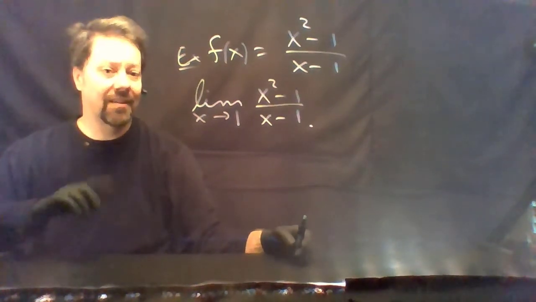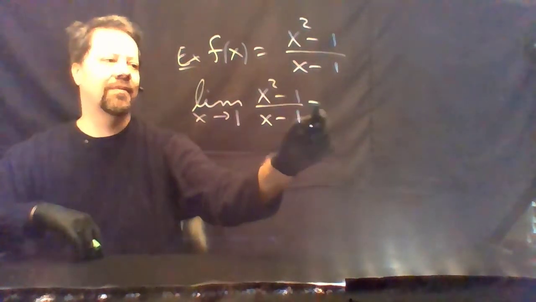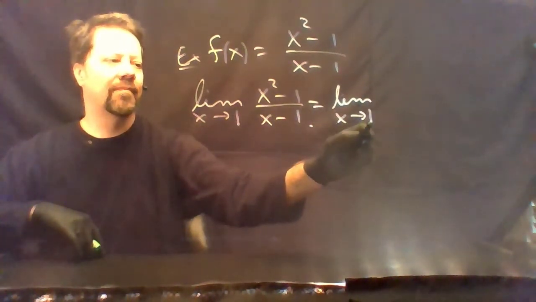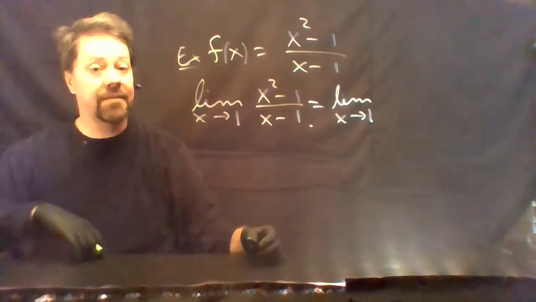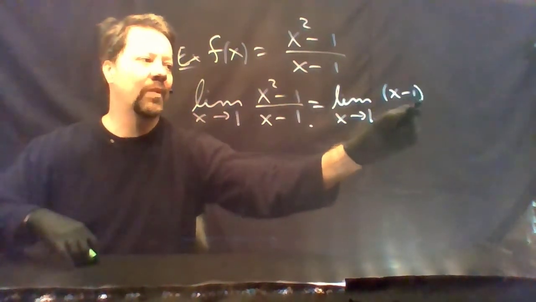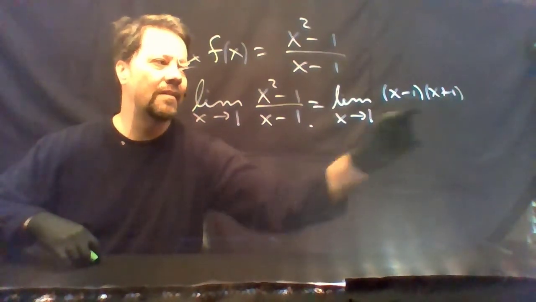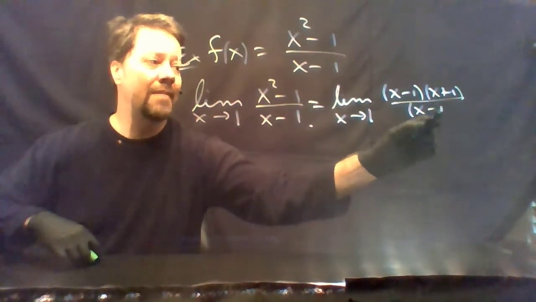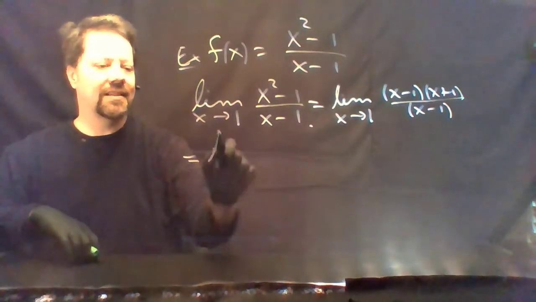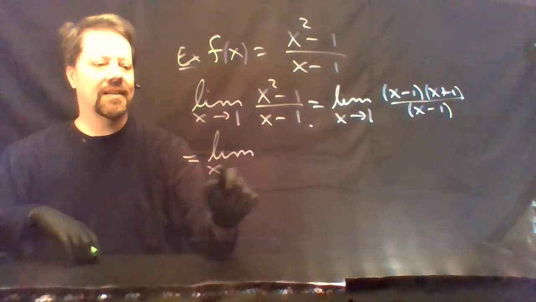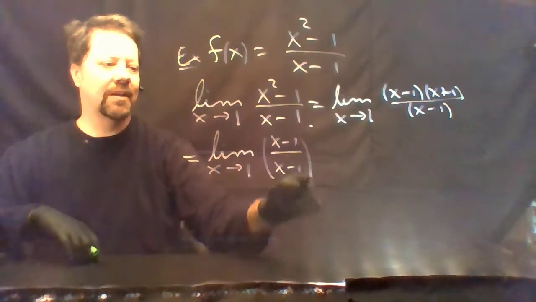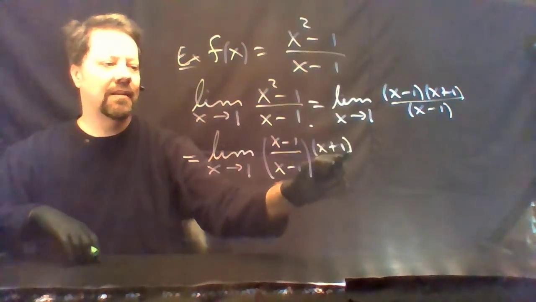Now, there are some subtle things that you can do here. The numerator does factor as a difference of squares. It factors as x minus 1 times x plus 1. And the denominator is still x minus 1. So we can kind of think of this as the limit as x goes to 1 of x minus 1 times x plus 1 over x minus 1.